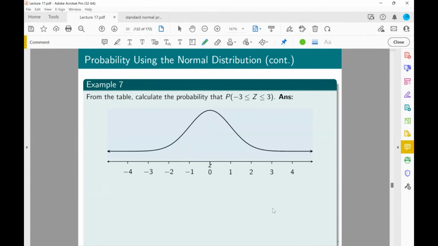Okay, minus 3 to 3. Again, I'll skip through this a little bit because it's almost the same sort of thing as the previous one. But the idea is we want the area between these bounds, so we can simply find the area up to 3, and then subtract off the area up to minus 3. That'll give us what's in between here.